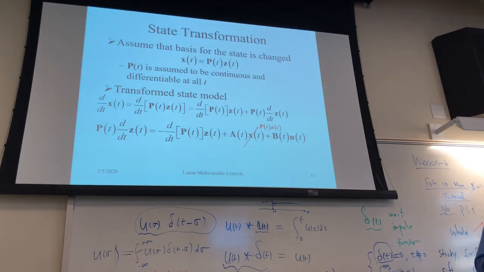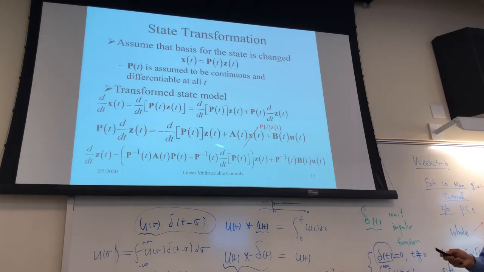But remember, x is Pz, right? x is Pz. So we can lump everything here. You do P inverse on both sides. On the left, multiply P inverse. And then you lump this AP here with P inverse, and minus P inverse times P dot in brackets.